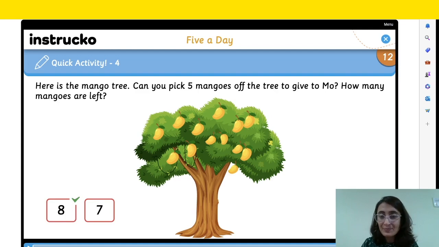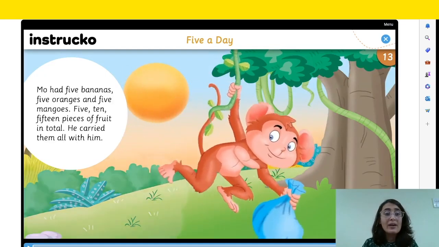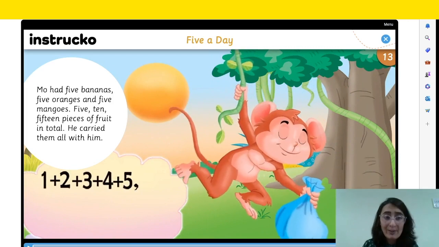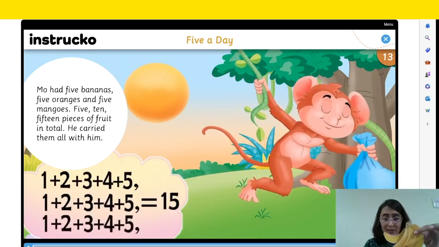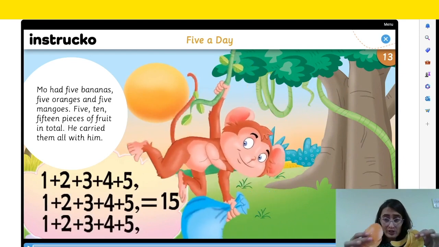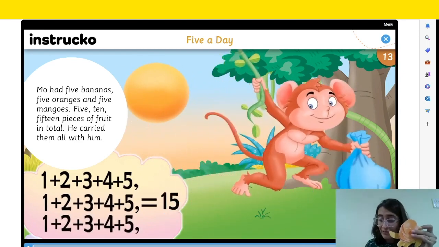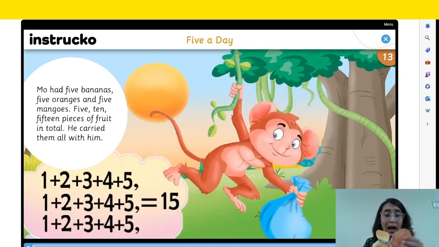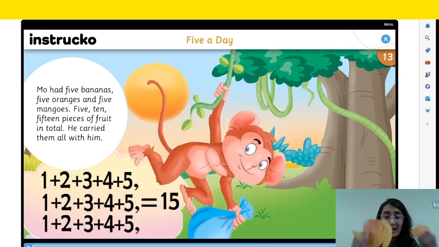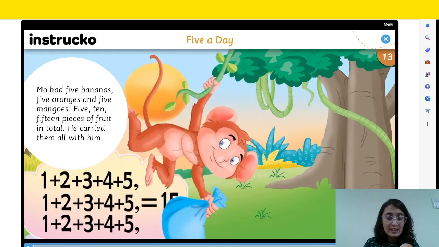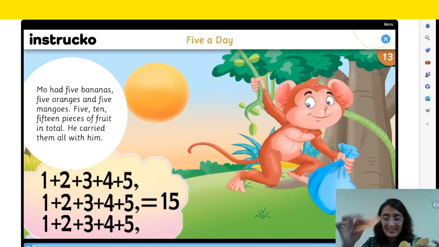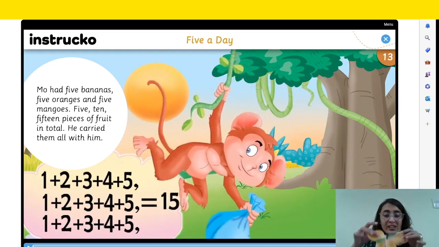Okay. Now, Mo had 5 bananas, 5 oranges, 5 mangoes. Okay. 5 bananas, 5 oranges, and 5 mangoes. So, Mo had a total of 5, 10, and 15 fruits.